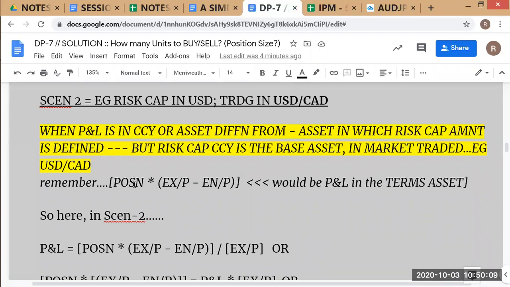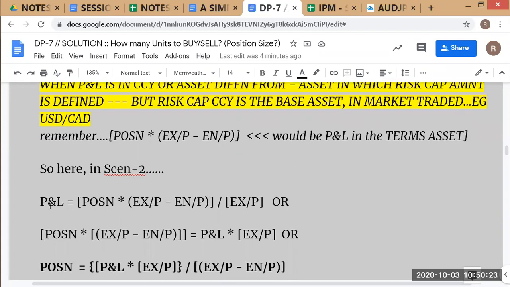A short position should be entered with a minus sign, and the PNL is always entered with a minus sign in these kinds of situations, because you're modeling the position size. This PNL is the projected loss, so it should always be put in as a minus sign, and the short position should be entered as a minus sign.